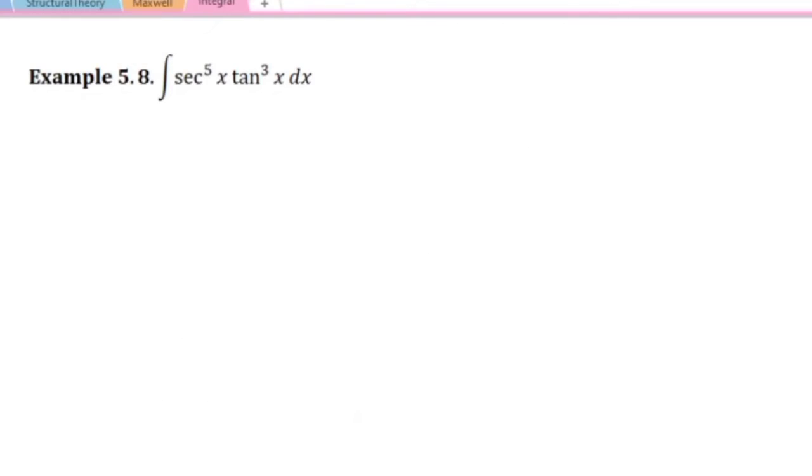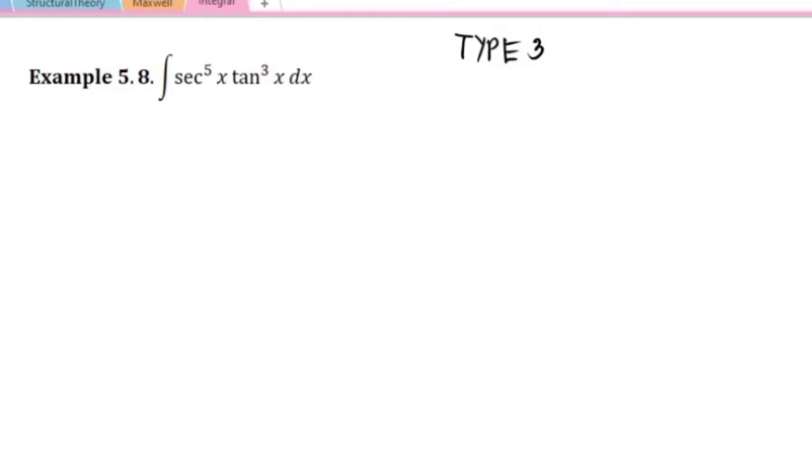Example 5.8, we have here the integral of secant x raised to 5 tangent x raised to 3 dx. So, titingnan muna natin if which type is this. So, since secant to, meaning this would fall to type 3. So, this is type 3.